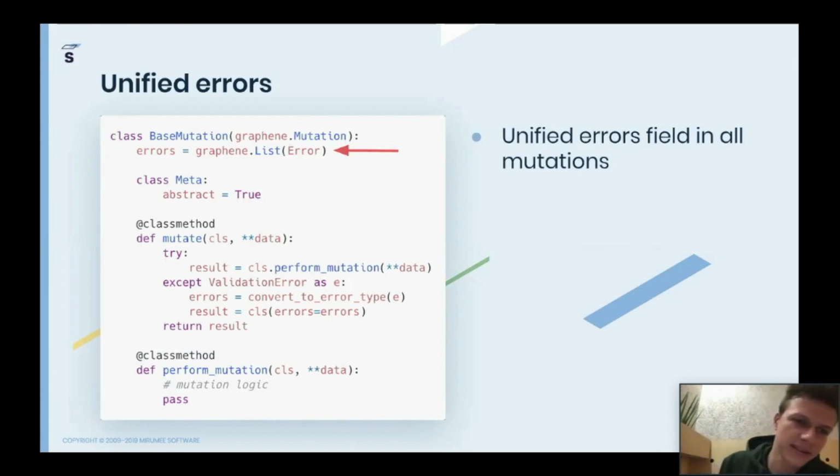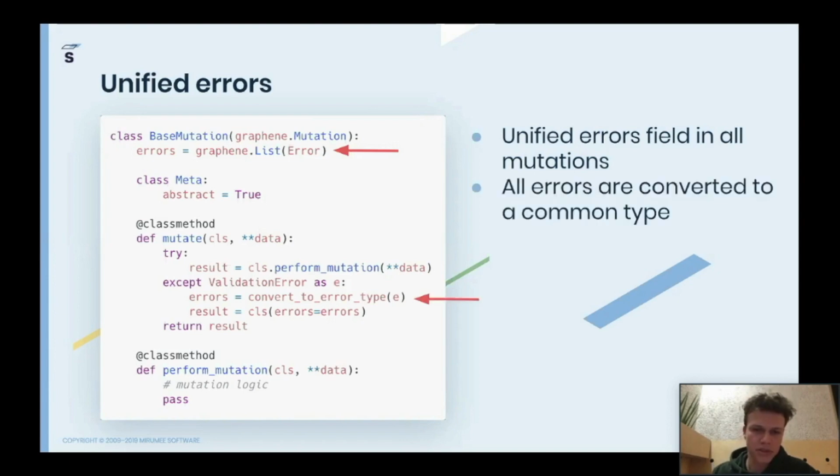And here, as you can see, we have the errors field. Now every mutation that extends this base mutation pattern gets this error field as one of the output fields. So if we use that constantly across our code base, we have unified error handling, because now every mutation has a very similar shape, which is what we want to have.